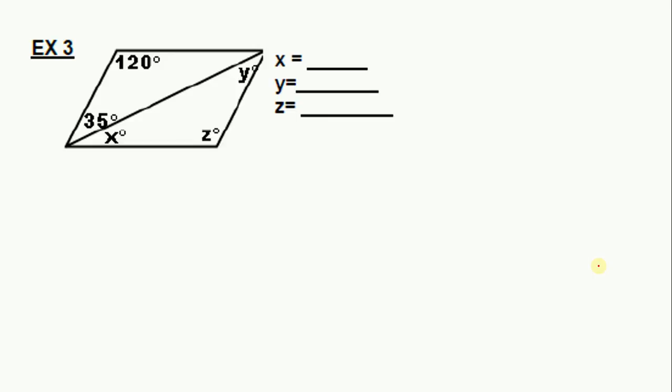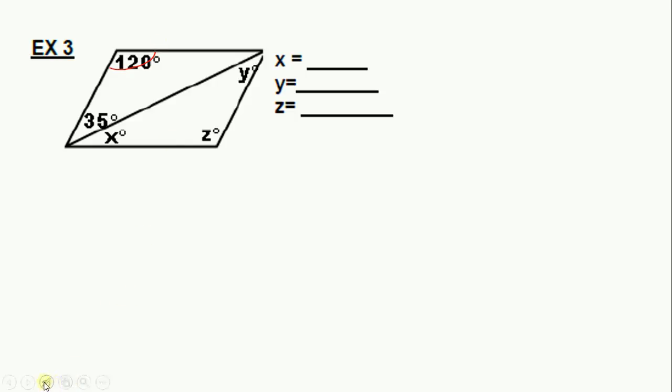So, what can I do? Well, I noticed something. I got this angle right here. He's 120. And I know, based on my properties, looking above, opposite angles are congruent, right?